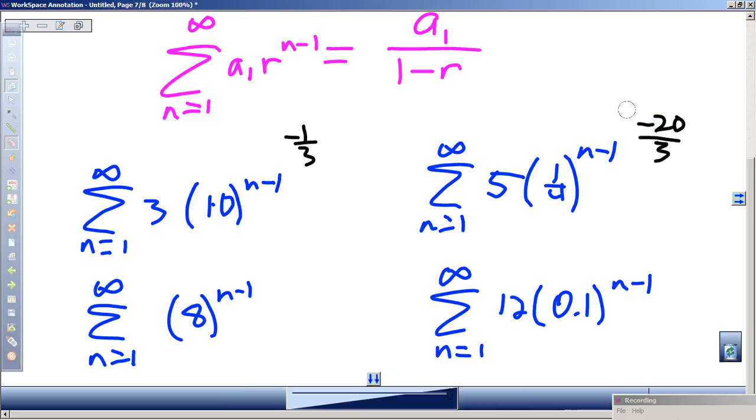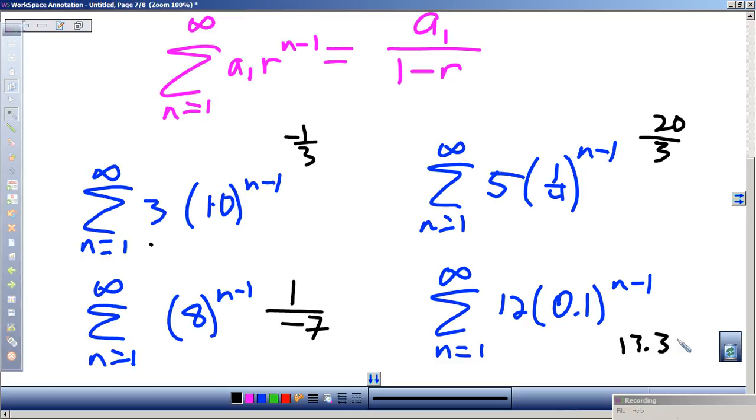Okay, this one, 1 over 7. This one, 13.3. Repeating or not? So 13.3 repeating, like that? Yeah, that's what this means. Two of these are wrong, two of them are right.